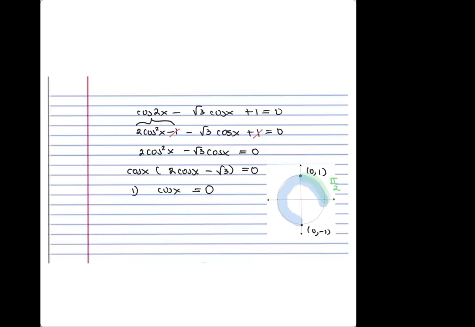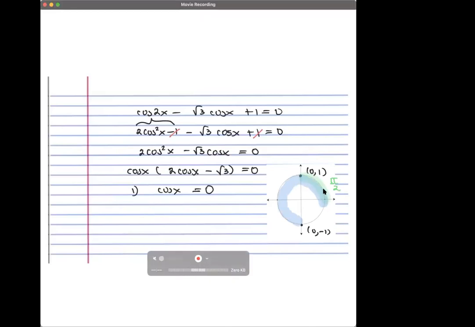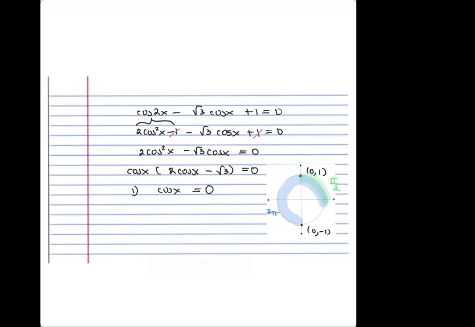Each quadrant intercepts an arc of pi over 2. So here you have pi over 2, 2 pi over 2, 3 pi over 2. So that one's going to be in blue, and that's 3 pi over 2. So I know that x is going to equal pi over 2 or 3 pi over 2. And that's from my first equation.